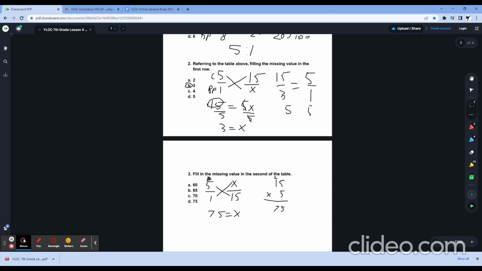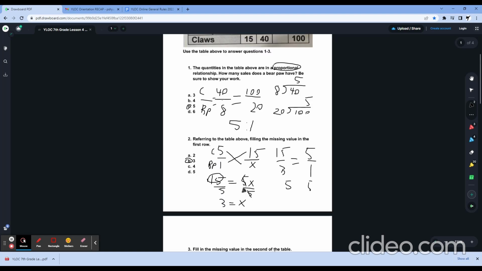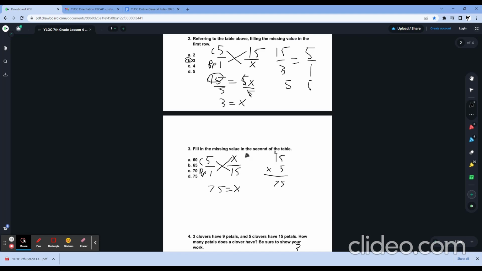We have the ratio laid out here, 5 claws to 1 bear paw, and this unknown fraction should be equal to this ratio. So we have 15 on the bottom to represent the number of bear paws, and we are looking for the number of claws, which is represented by this x.